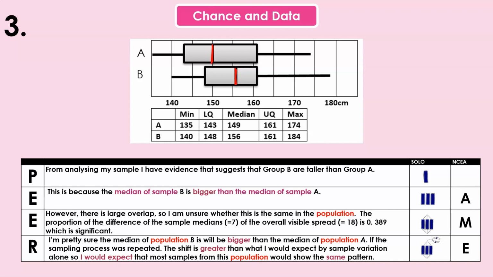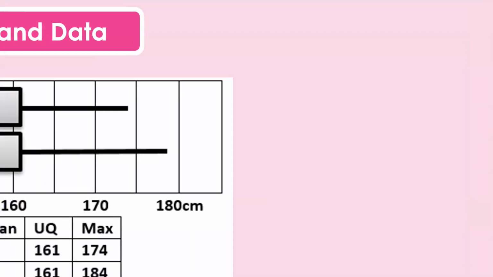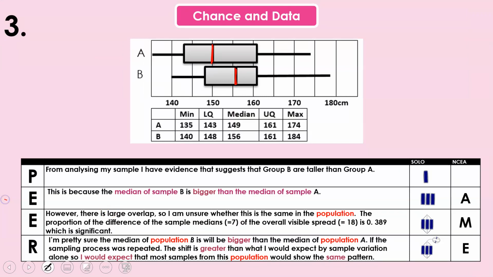The proportion difference of the medians is equal to 7 with an overall visual spread of 18. So when we divide those, we end up with 0.389, which is still significant. So that's the key point.